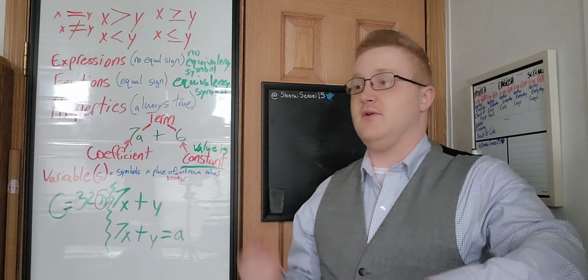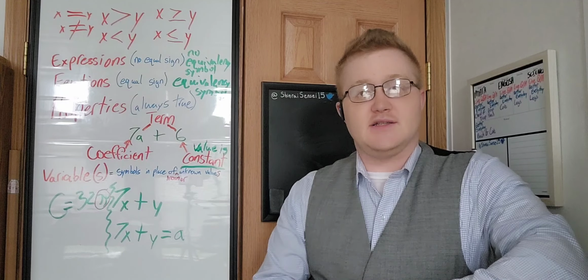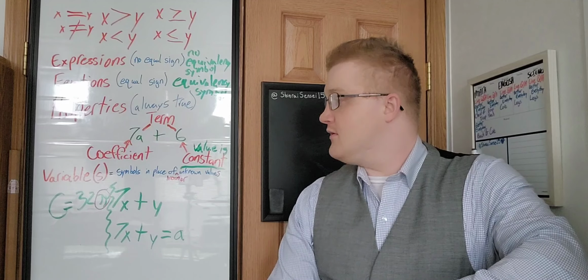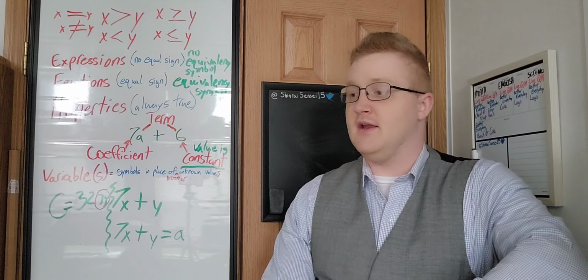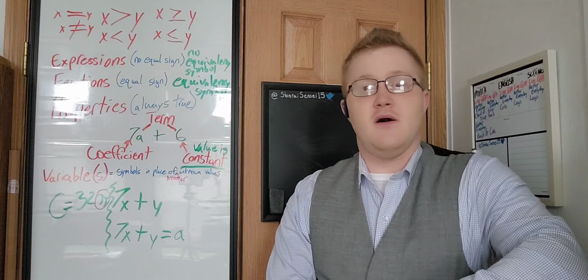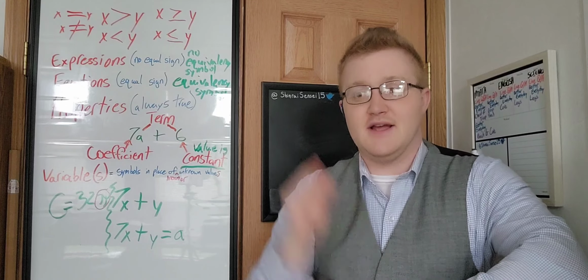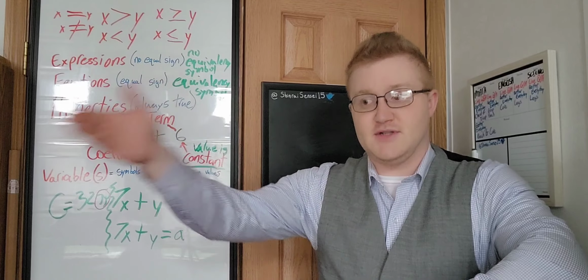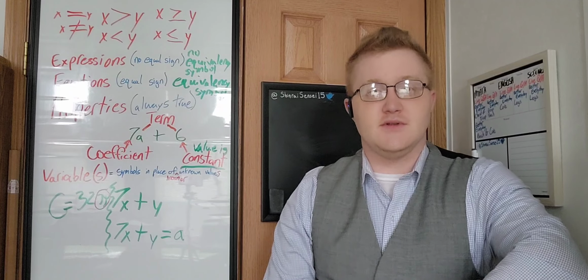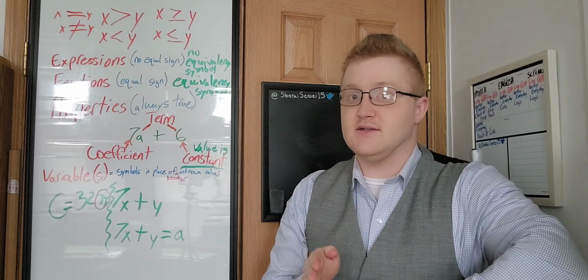Whether you're substituting Avogadro's constant in or the mole in chemistry, whether you're substituting those numbers in for their constants, they are still a constant. They represent them with Greek symbols, but they are constants.